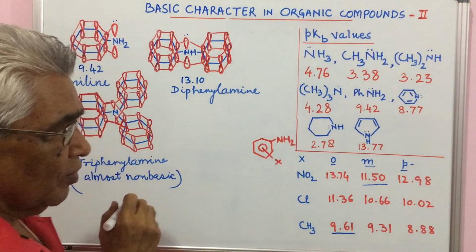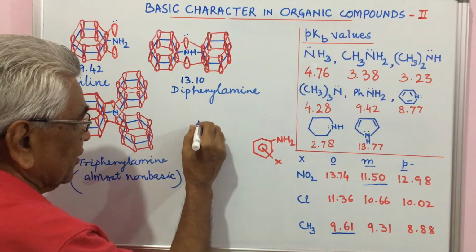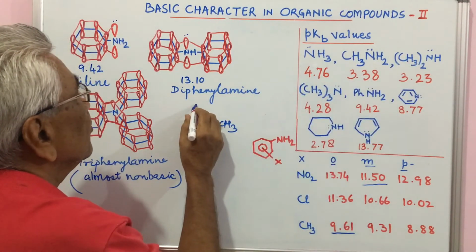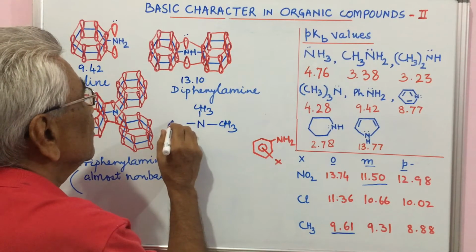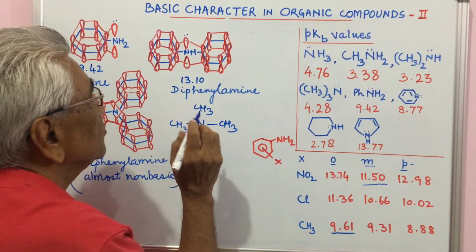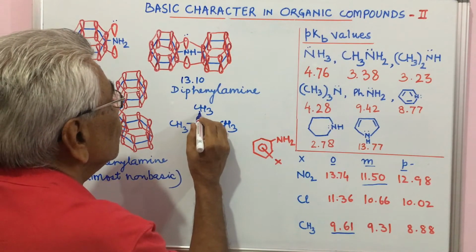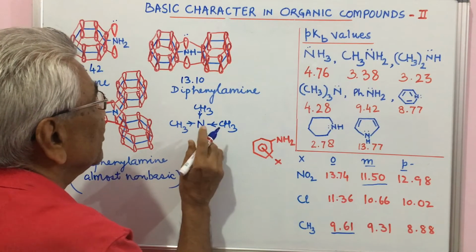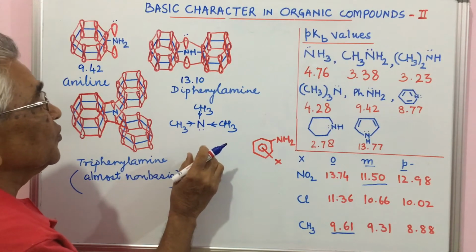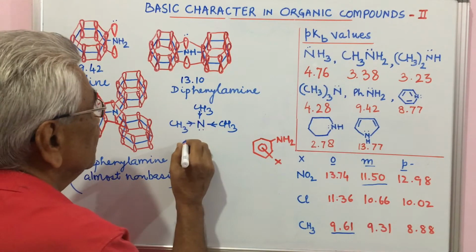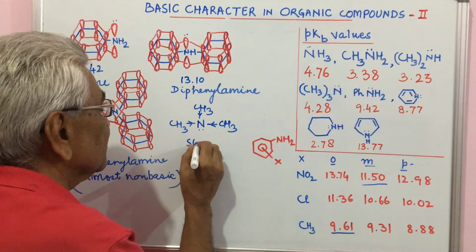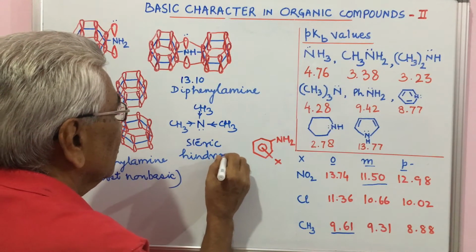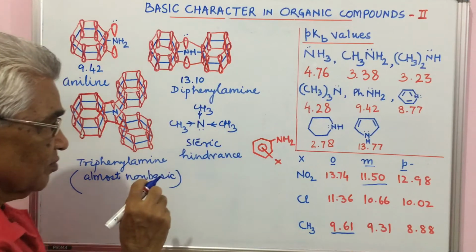In trimethylamine, you have 3 methyl groups and you will expect this to be the most basic of these, but it is not so, because although these 3 methyl groups push electron density towards this nitrogen, making it more available for protonation, yet there is a steric hindrance due to bulky methyl groups.